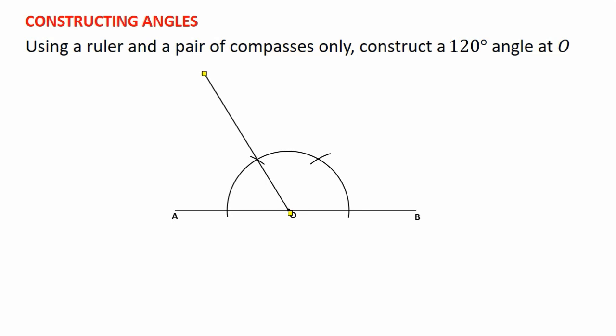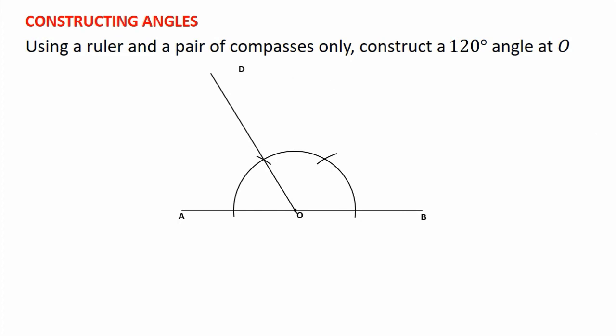And this will give us the 120 degrees angle. Let's call this point point D. If you call this point point D, then we can say that angle DOB, which is the angle formed between the line OD and OB, is equal to 120 degrees. So the angle formed here, which is angle DOB, will give us 120 degrees.